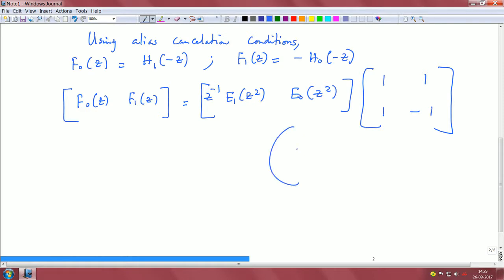So, this is basically the synthesis filters realized using 2-phase representation.